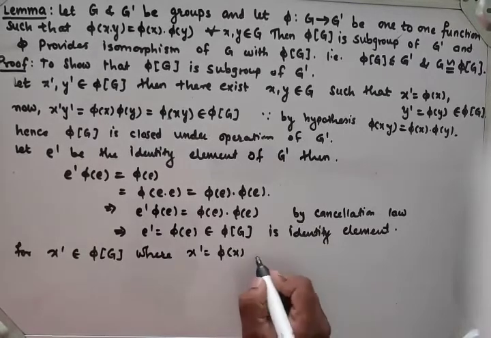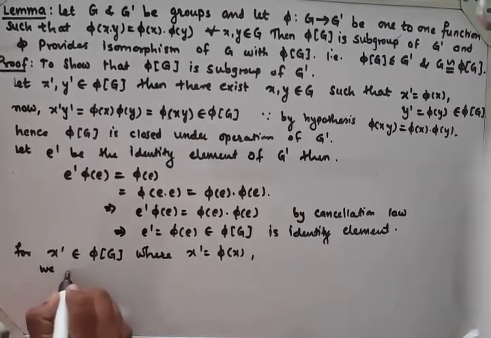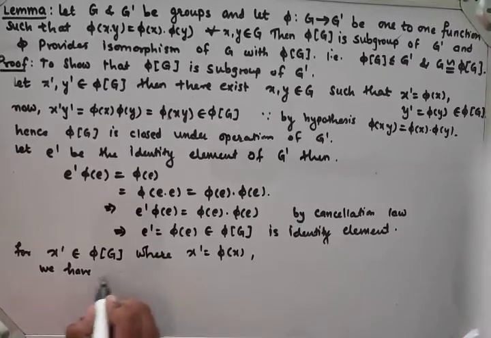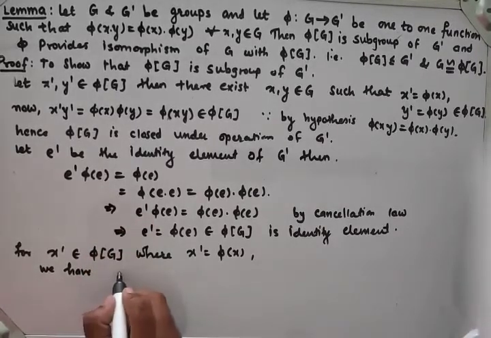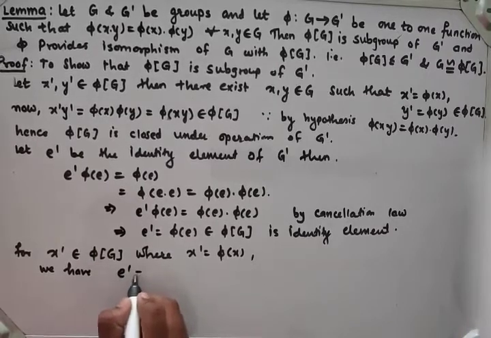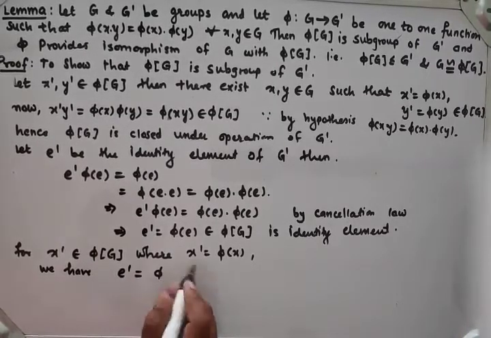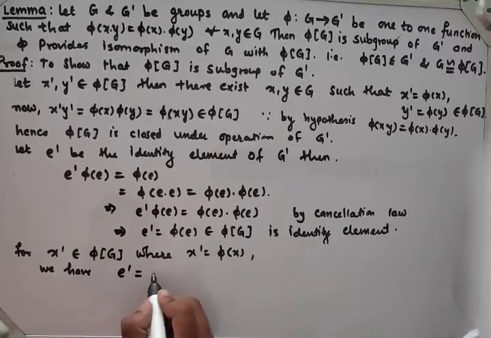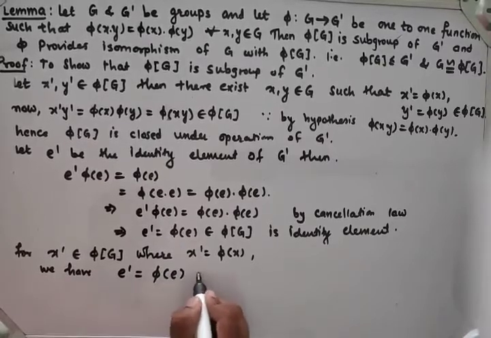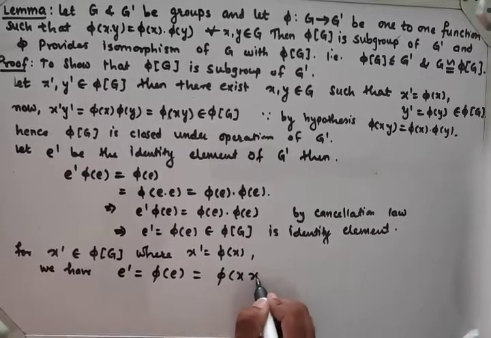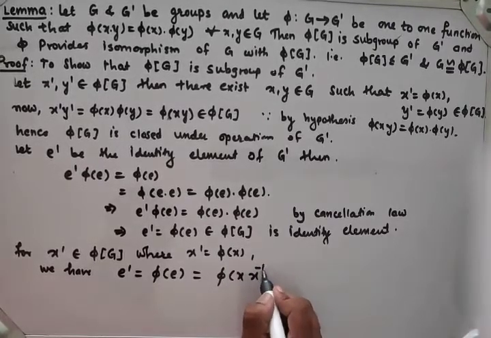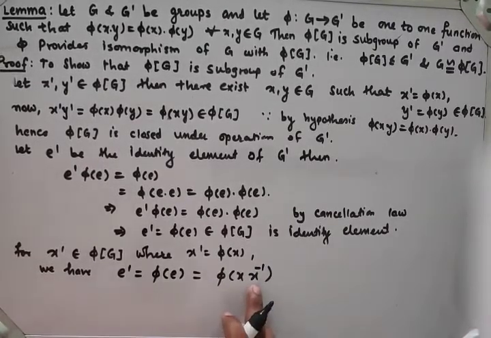So E dash is equal to phi of E, and E can be written as x into x inverse, because x inverse is an inverse of element x.